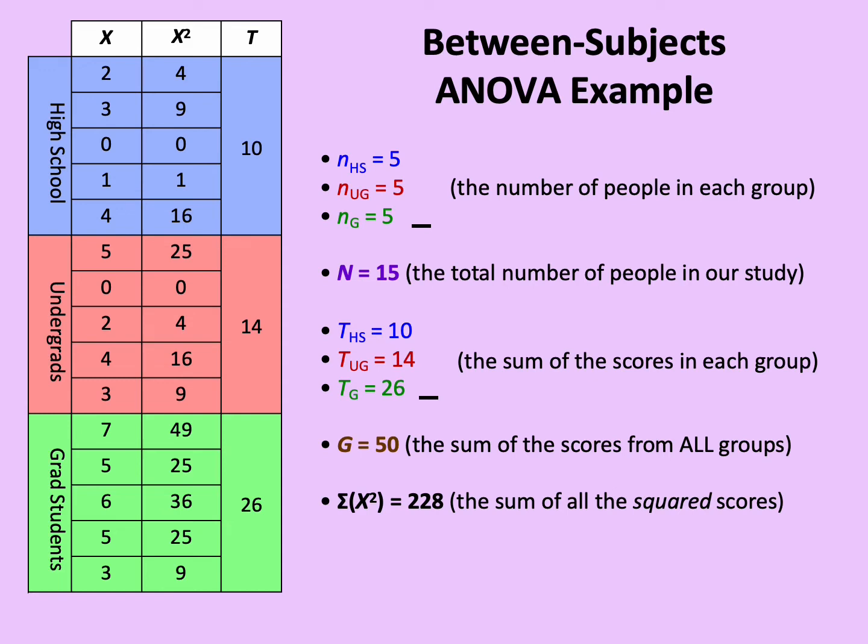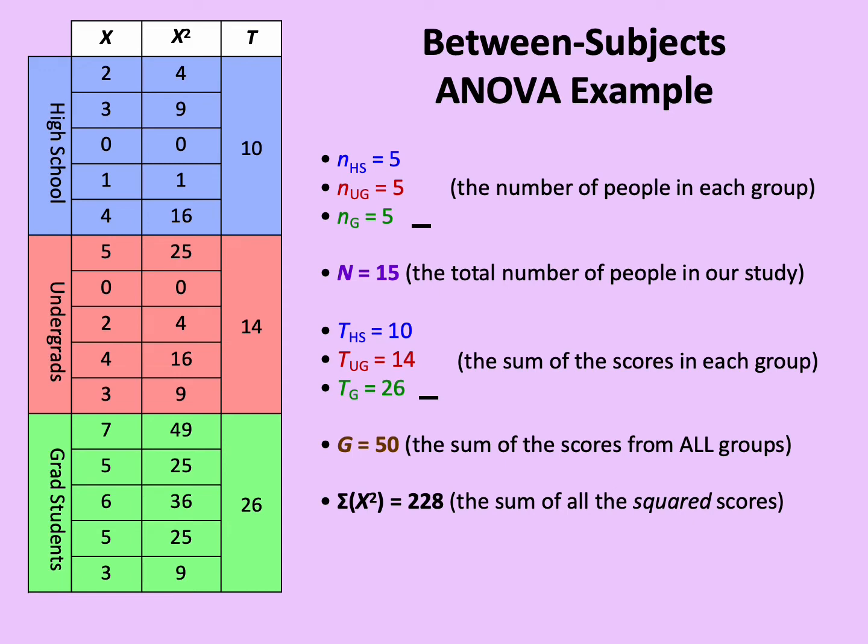Just to summarize, we have a total of 15 participants. We have 5 participants in each group. We have a total score for high schoolers of 10, a total score of 14 for undergrads, a total score of 26 for grad students. Our G, or sum of all the scores from the groups, is right here, and it's 50.